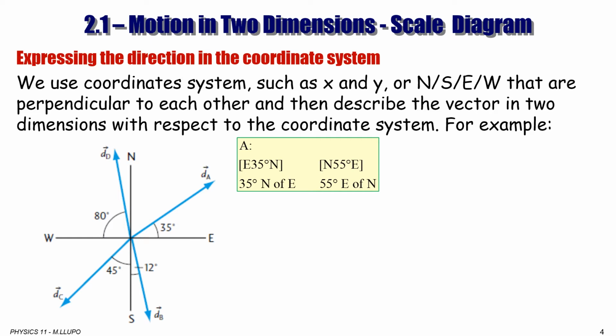Those two directions with a square bracket are mostly used in physics. But in everyday speech, we don't say it like open bracket, east, 35 degree, north, close bracket. We just say it as a 35 degree north of east.